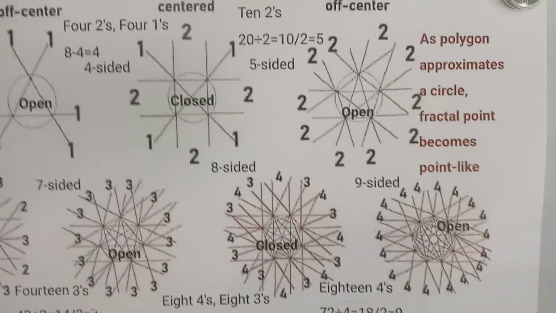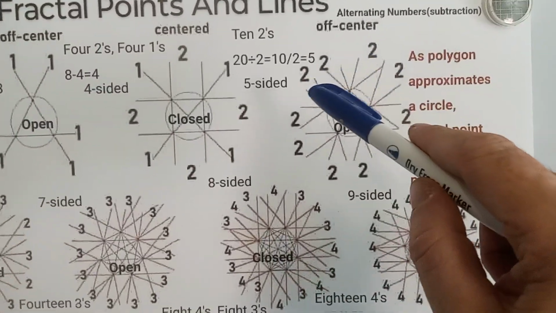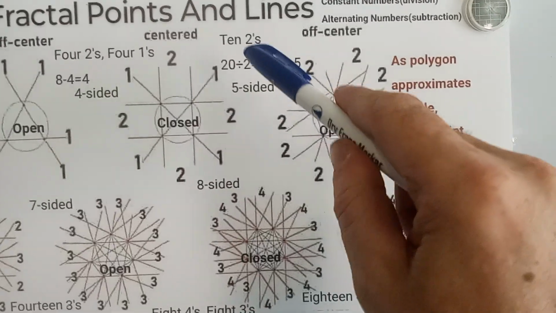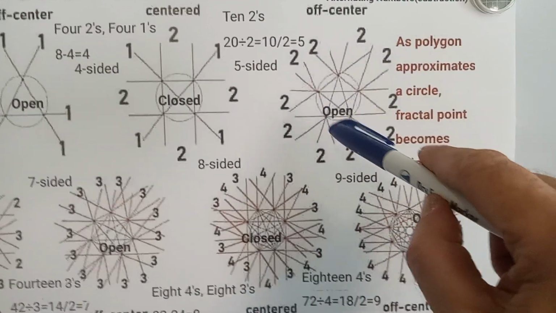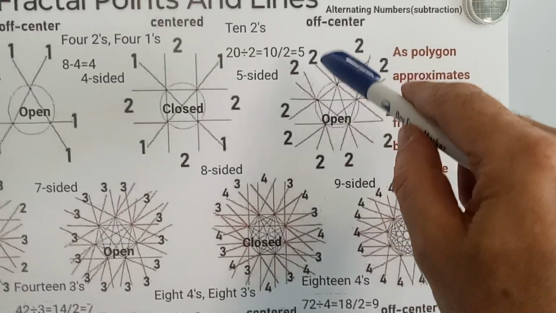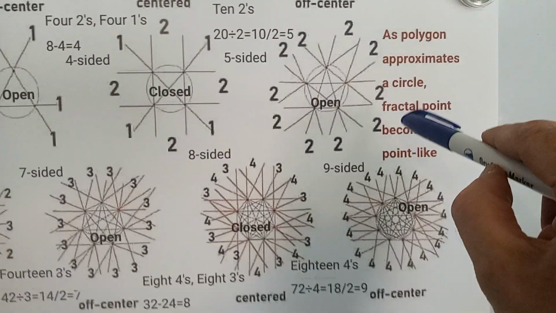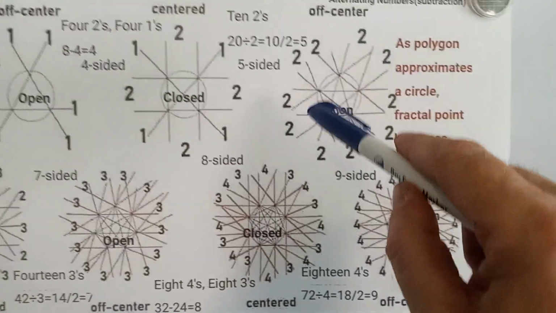And you can see for yourself that this math does work. There's 10 twos. You label 2 on both sides of a pair of 2 fractal lines. And there's 10 of them. 1, 2, 3, 4, 5, 6, 7, 8, 9, 10.